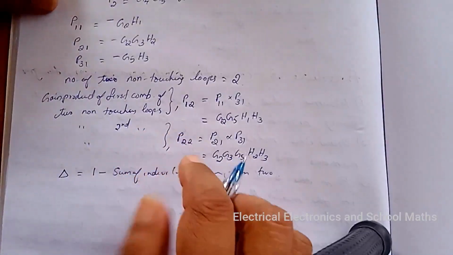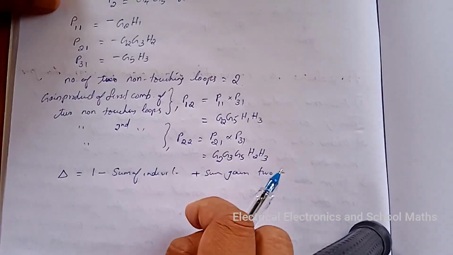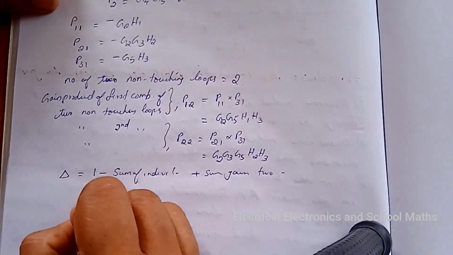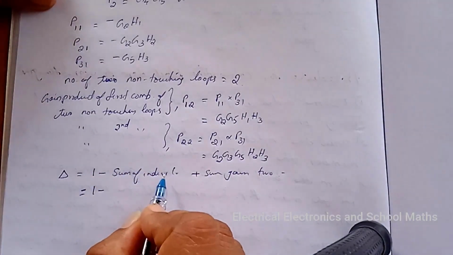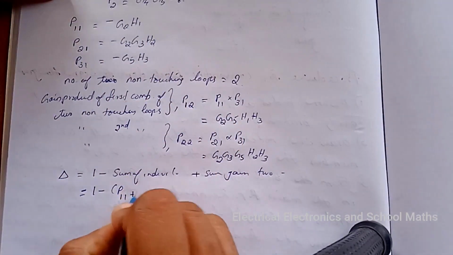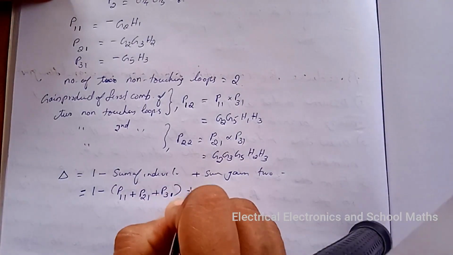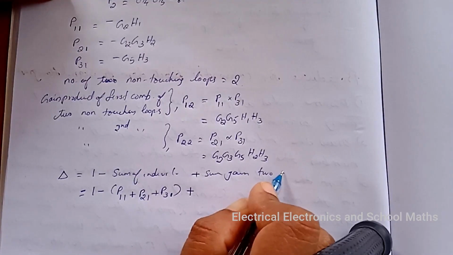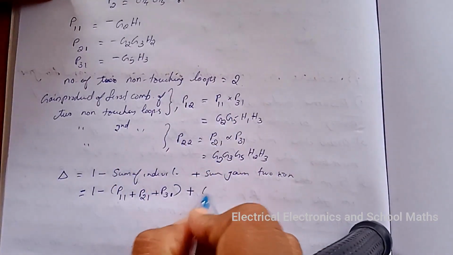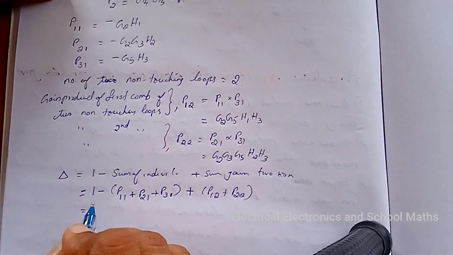So minus the sum of gain products of three non-touching loops is 0, and no need to write that. So 1 minus the sum of individual loop gains, that is P11 plus P21 plus P31, then plus the sum of gain products of two non-touching loops, that is P12 plus P22.